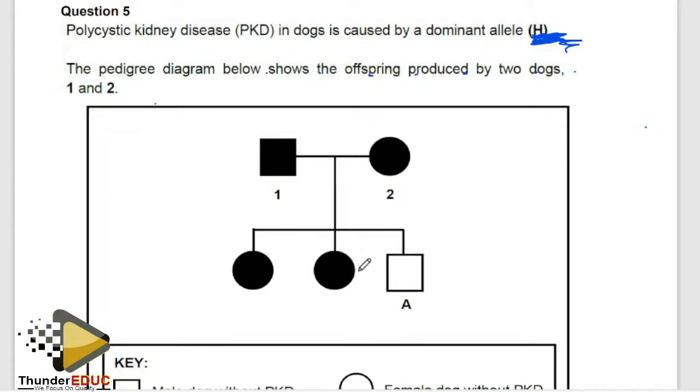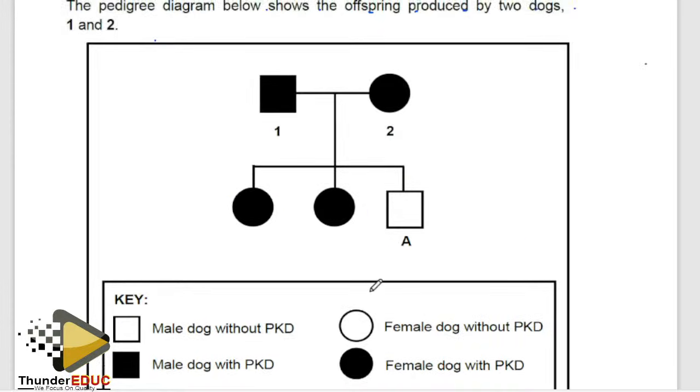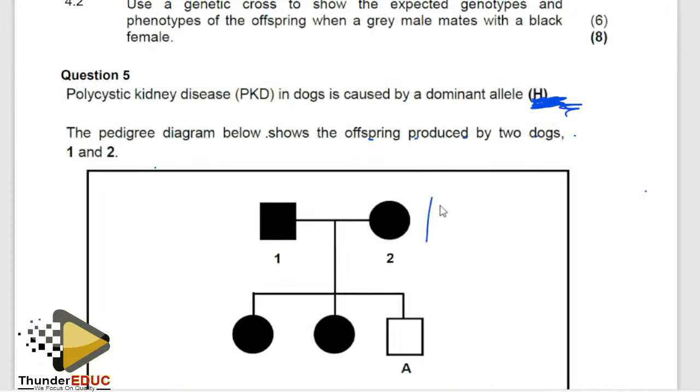Even here they are saying dogs with the disease and dogs without the disease. So these ones which have the disease are going to be capital H, or capital H, small h.